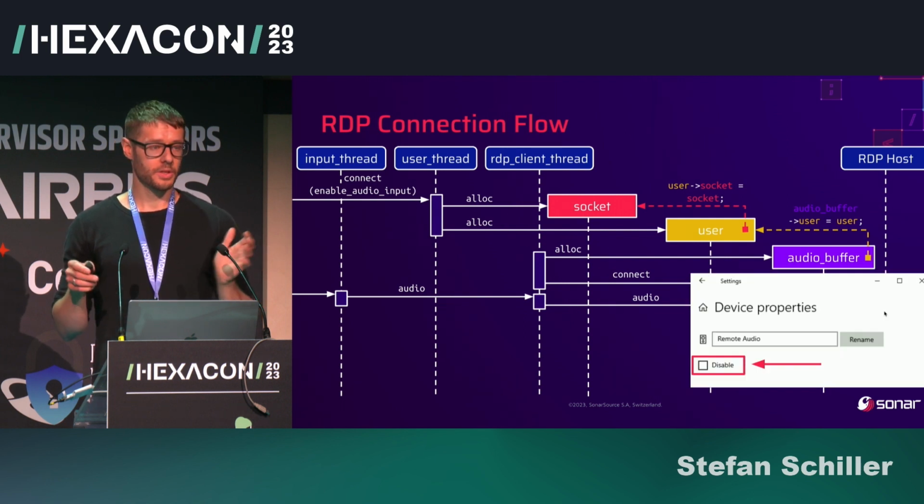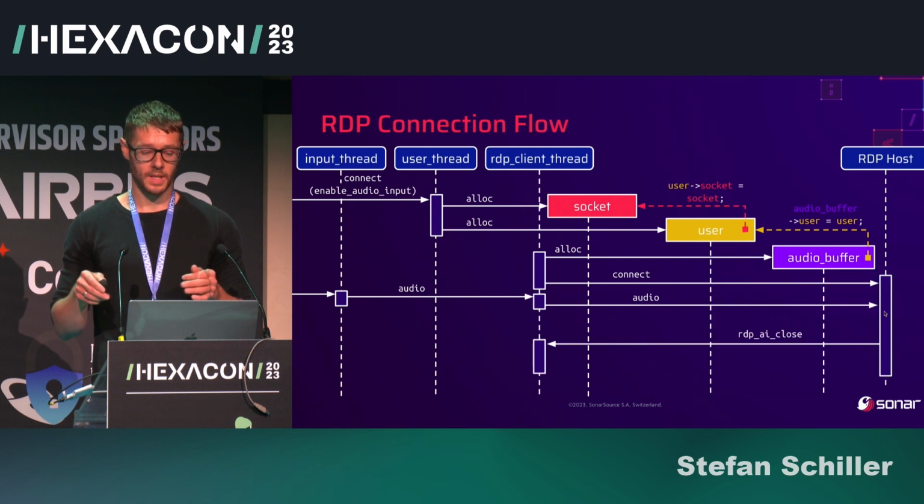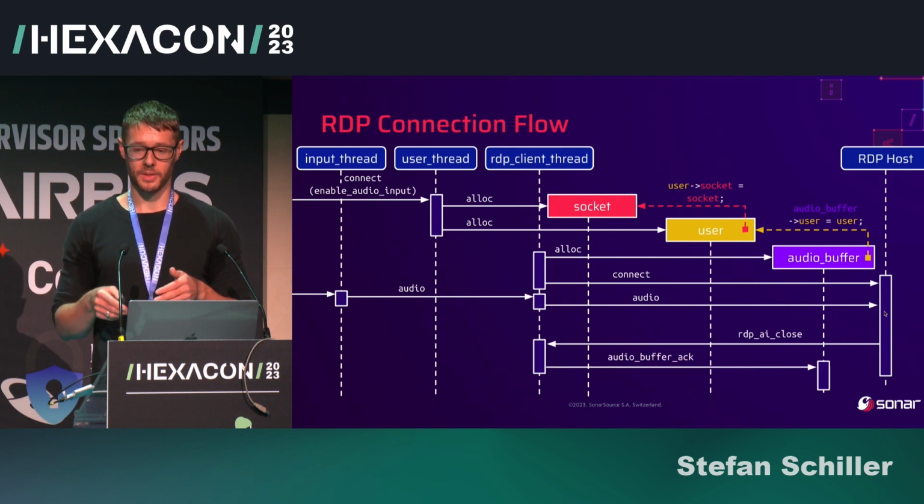Now, let's imagine that after submitting some audio data, the user decides to disable remote audio on the RDP host by selecting this checkbox. This makes the RDP host send an audio input close message, which is handled by the RDP client thread. The RDP client thread acknowledges this message by calling the audio buffer ACK function.